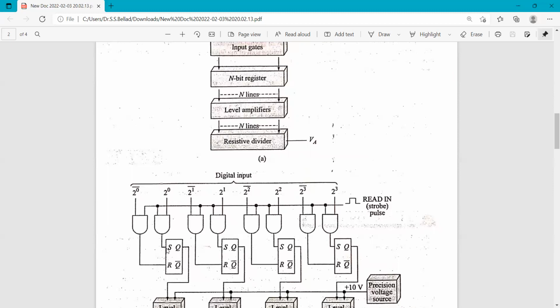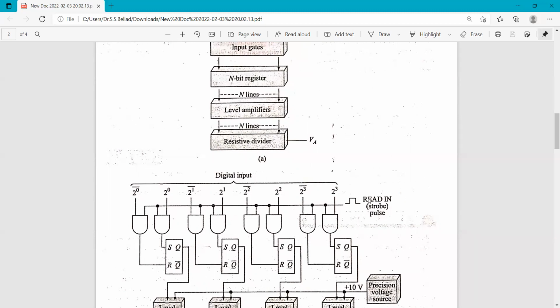Actually, two inputs are given to this RS flip-flop. One is from this gate, another one is from this gate, but depending upon the logical conditions of these two gates, only one output is produced here, the other will be at a 0 level. So that is how this gating system works.